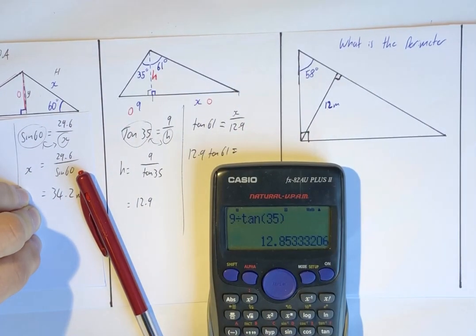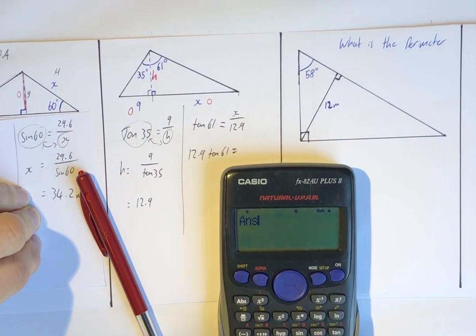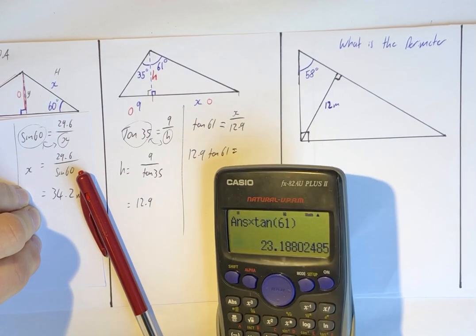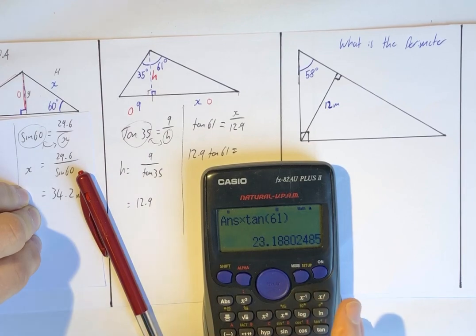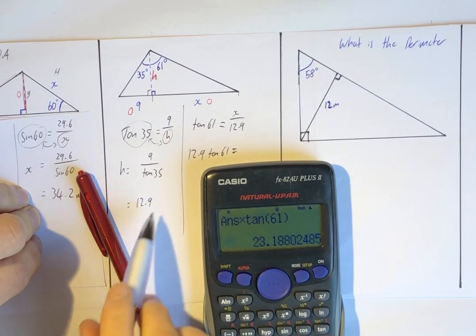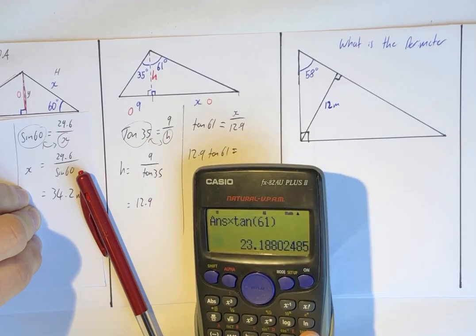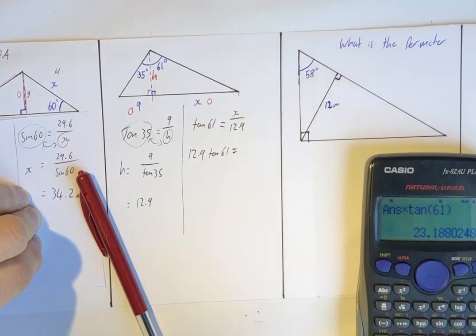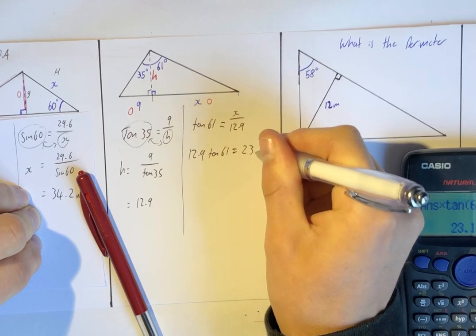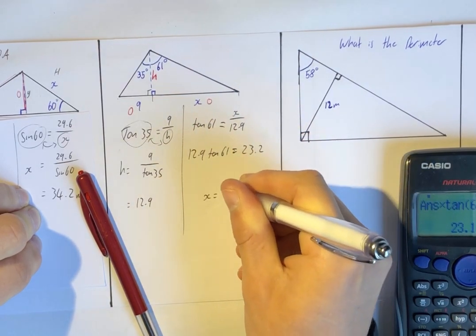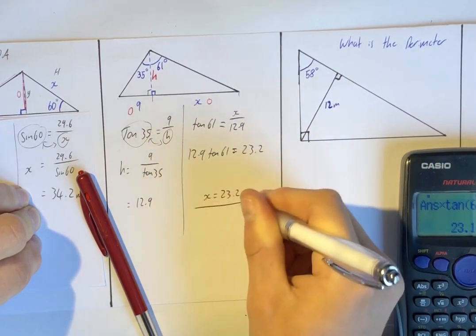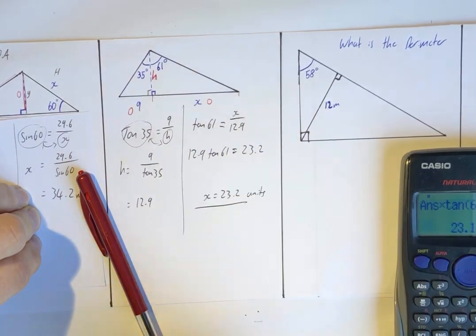And on my calculator, that's going to be this answer that I've already got, times tan 61. The reason I keep the answer in there is because it just makes this a lot more accurate. The error in my rounding isn't carried forward in the problem, but you wouldn't be marked down for that. So it's 23.2. So x equals 23.2, and I don't know what the units are because I didn't give it any.